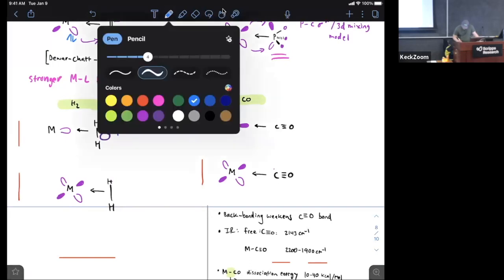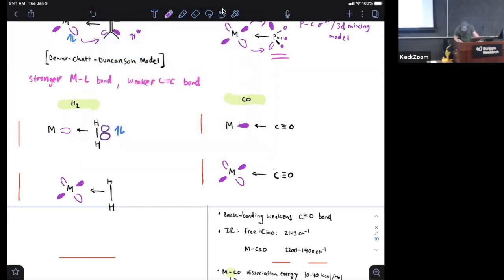And then the sigma anti-bonding orbital, which we'll just draw with the opposite symmetry here, can engage in a pi accepting interaction.